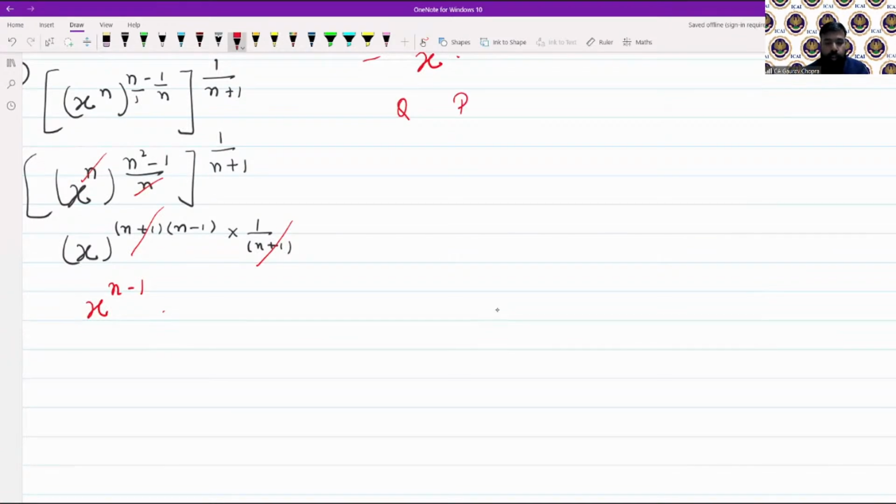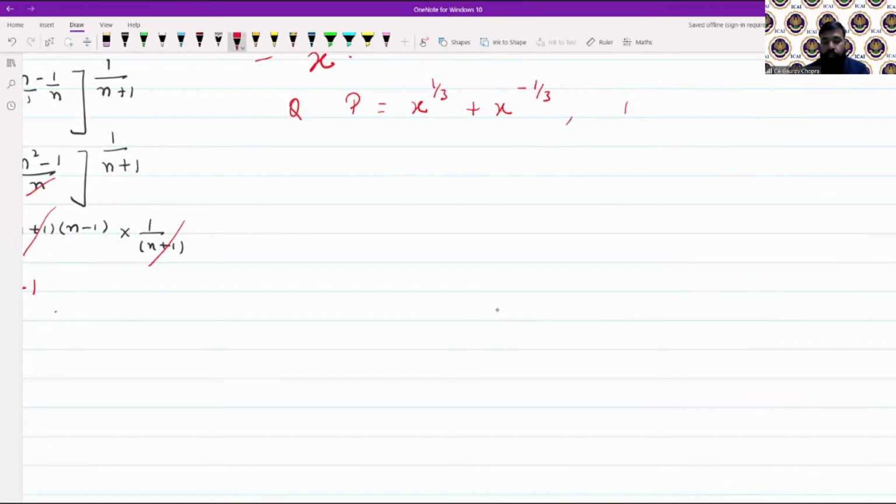P is equal to x to the power of 1 by 3 plus x to the power of minus 1 by 3. Then we have to find out the value of p cube minus 3p. We have to find this value. So what is given in the question? P is given in the question and we have to find p cube minus 3p.